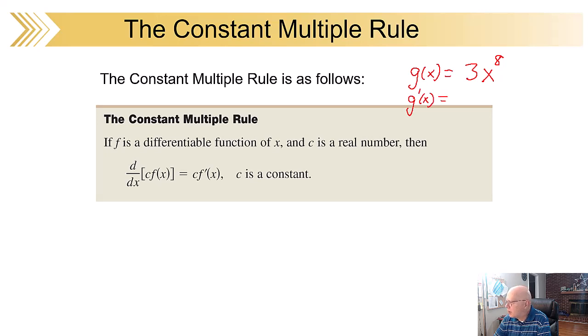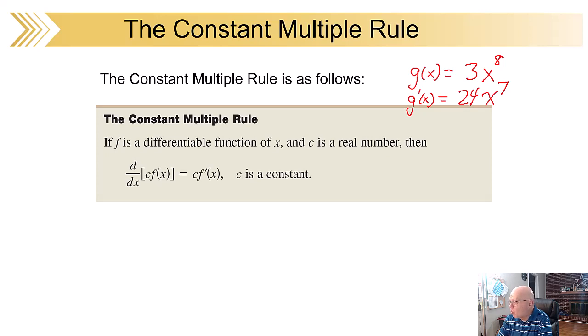Now, you would ordinarily, up to this point, bring 8 out front, but bringing 8 out front means you're going to be multiplying the 8 times the 3. So bring that 8 out front, you've got 24. And what did we do before? We reduced the 8 by 1, so there's your derivative. Bring the 8 out front, multiply it times any number that happens to be out here.